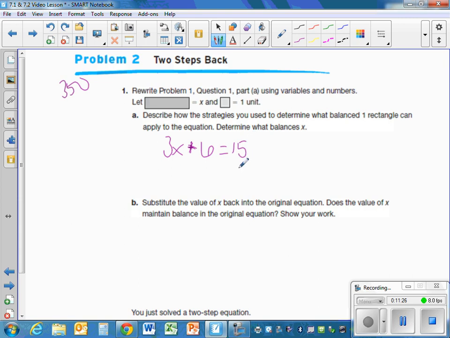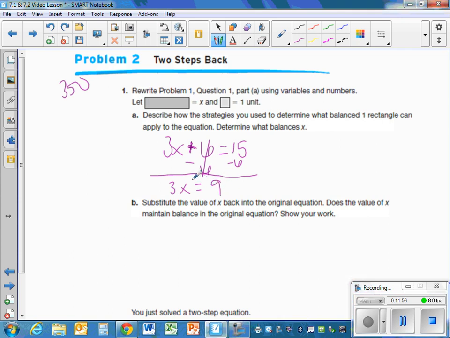So when we write our equation, we have 3x plus 6 equals 15, and now we need to determine what balances x, or the rectangle. And we do just what we did in the picture example with the scales. We subtract 6 off from both sides, and you're left with 3x equals 9.